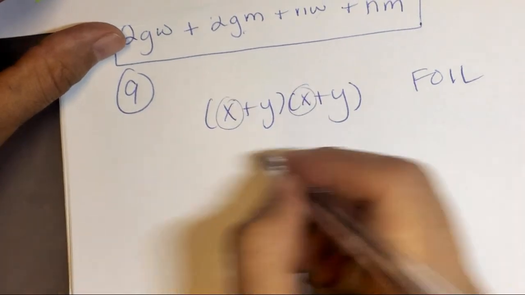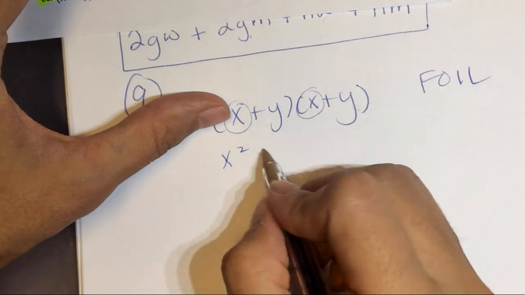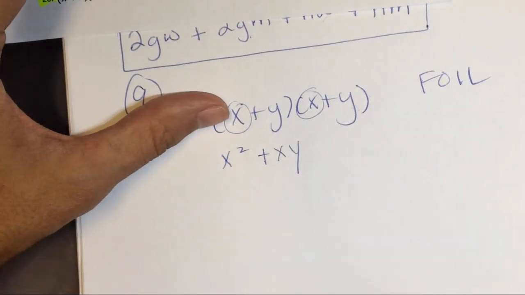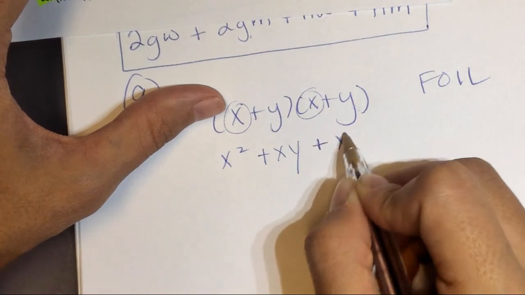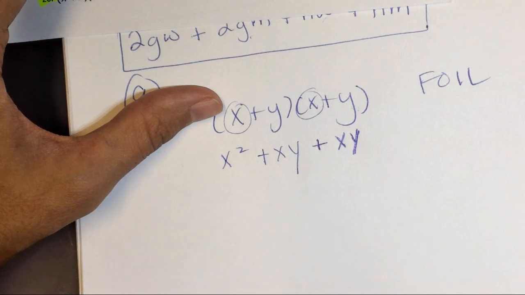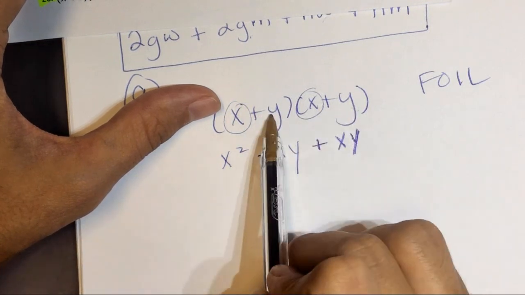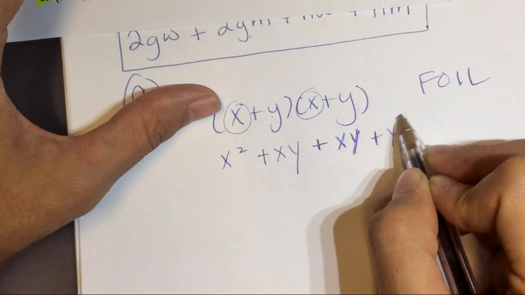So multiply the first. X times x is x squared. Outer, you get x times y, so you get xy. Inner, you get y times x, which is the same thing as xy, right? Because 2 times 3 is the same thing as 3 times 2. We can do that. And then the last thing is y times y. So I'm going to get y squared.